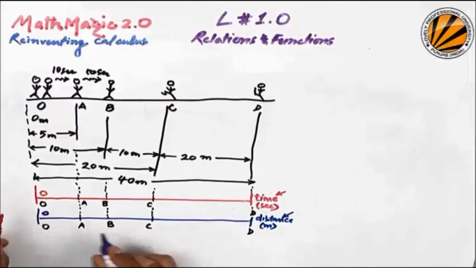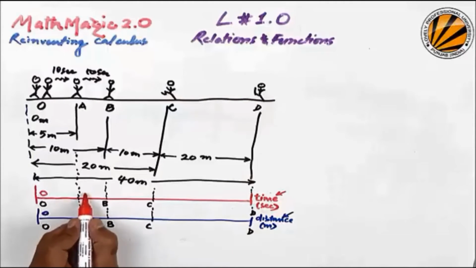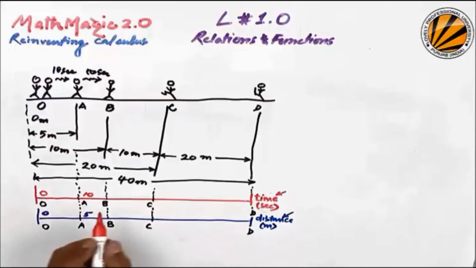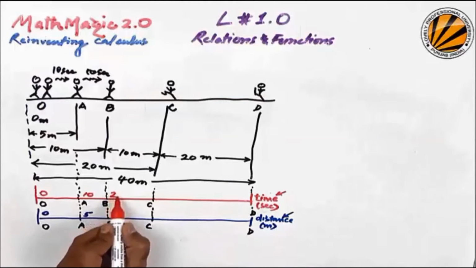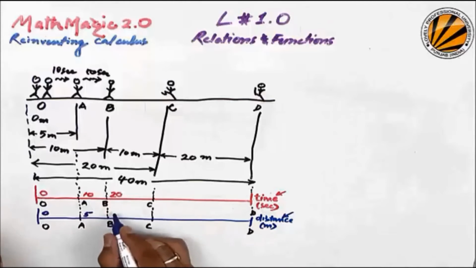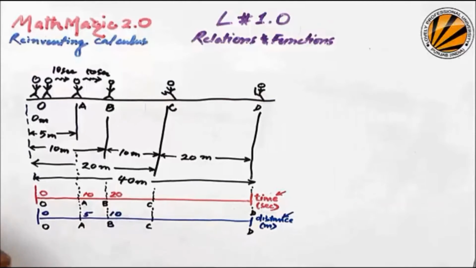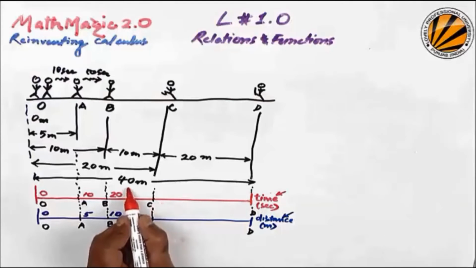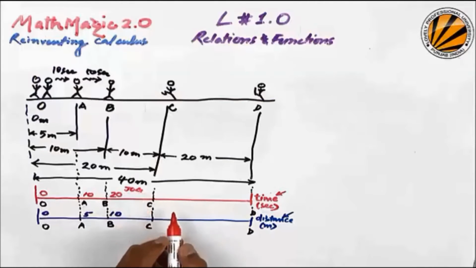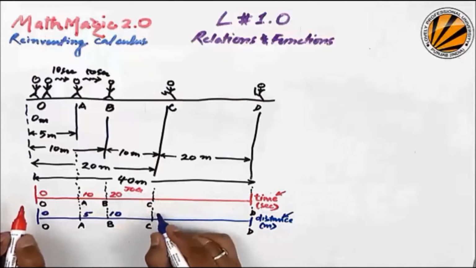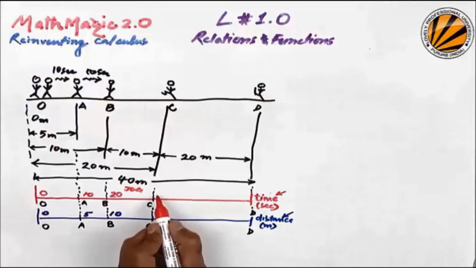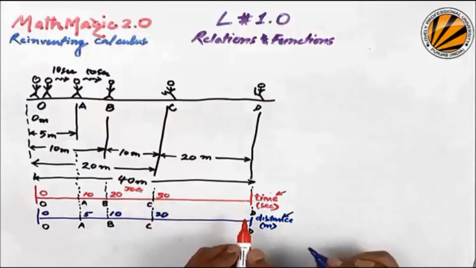Then in the next 10 seconds, that is 20 seconds from the start of observation, the distance became 10 meters. Then he started jogging. So for the next 10 seconds, at point C, the distance became 20 meters, and then he started running. So after the next 10 seconds, the distance from you is 40 meters.